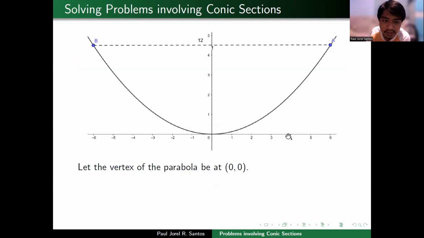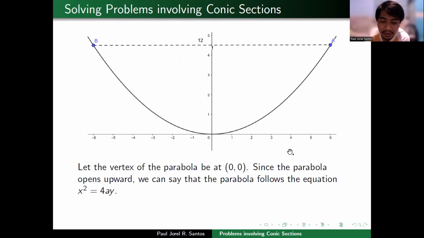Now, as you can see, I let the vertex of the parabola be at 0, 0 because it is easier. The standard equation is simpler than having the parabola's vertex at h, k.